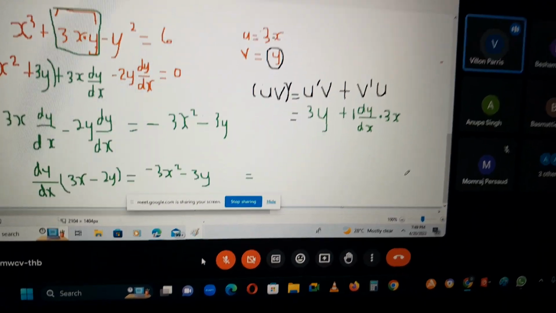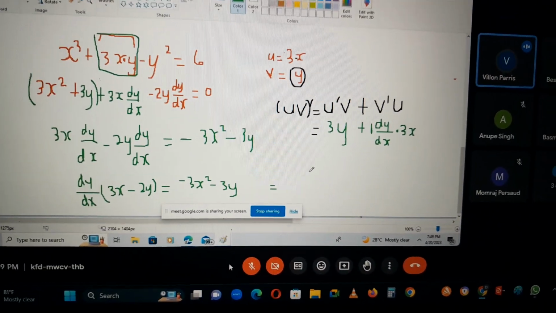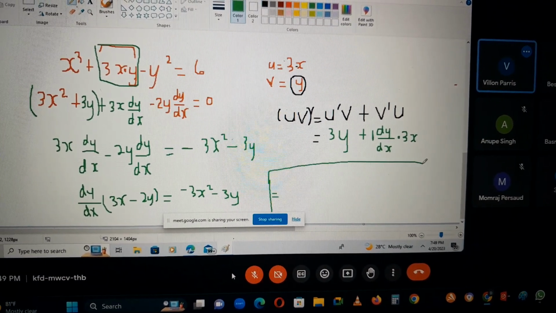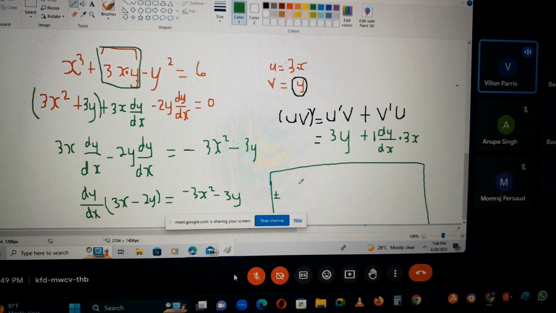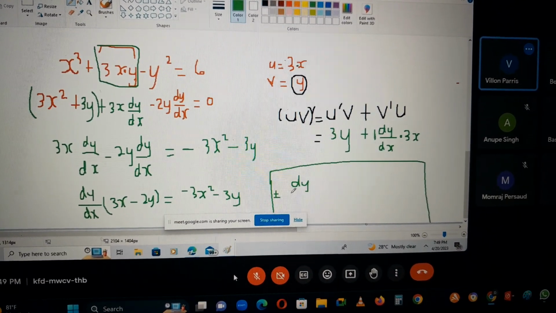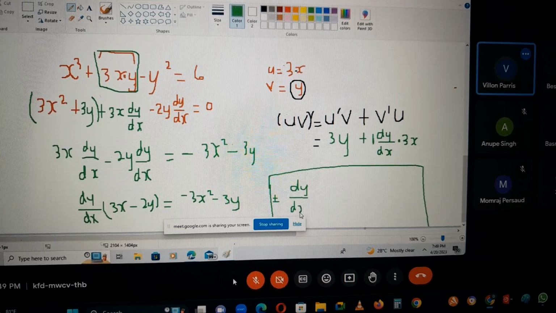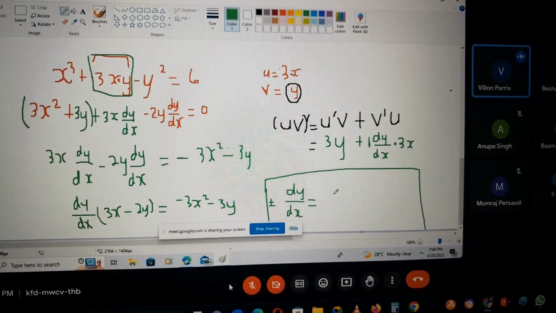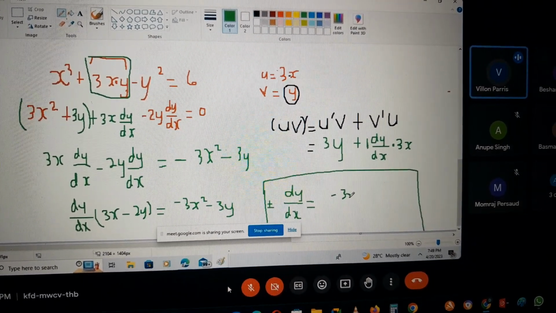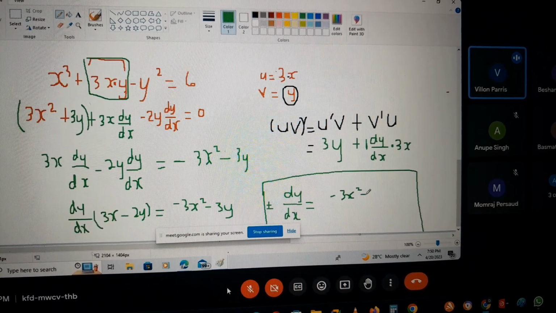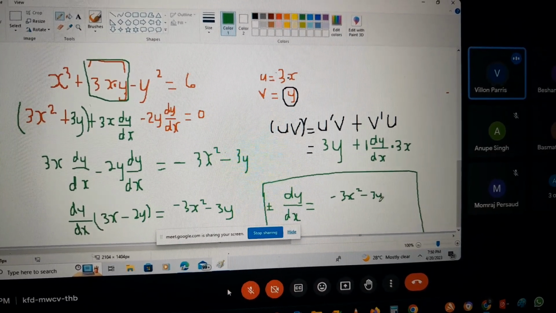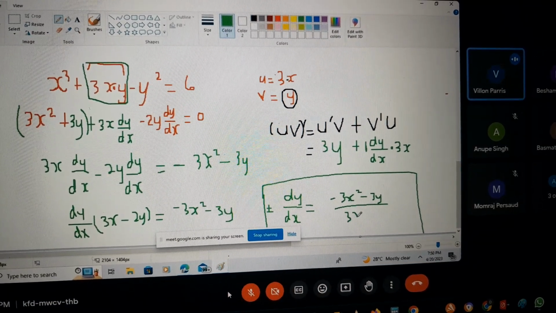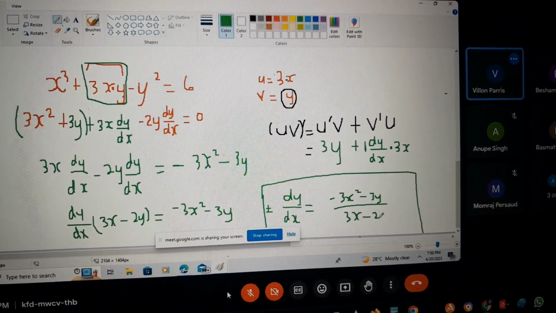So dy/dx, I run out of space, is equal to, so let me put our final answer here: dy/dx is equal to negative 3x squared minus 3y, all over 3x minus 2y.